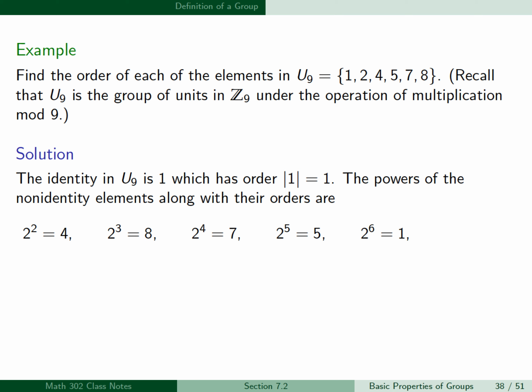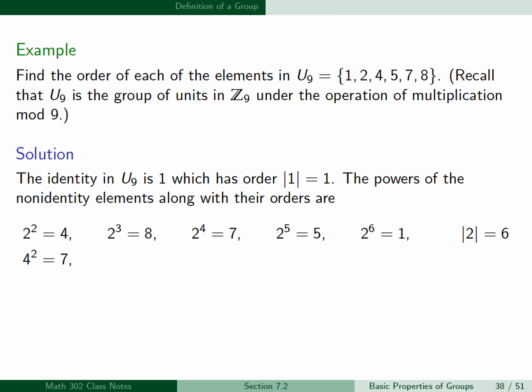And 2 to the 6th will be 2 times 2 to the 5th, which will be 2 times 5, which is 10, which is equal to 1 in U9. And so the smallest power of 2 that equals the identity element 1 is 6. So the order of 2 is 6.